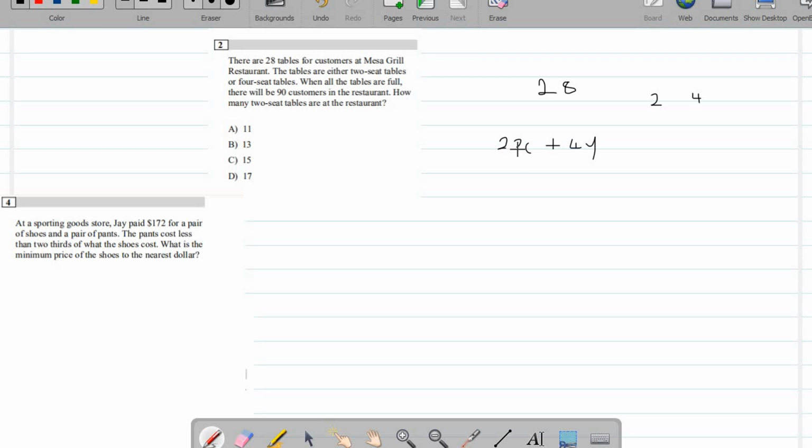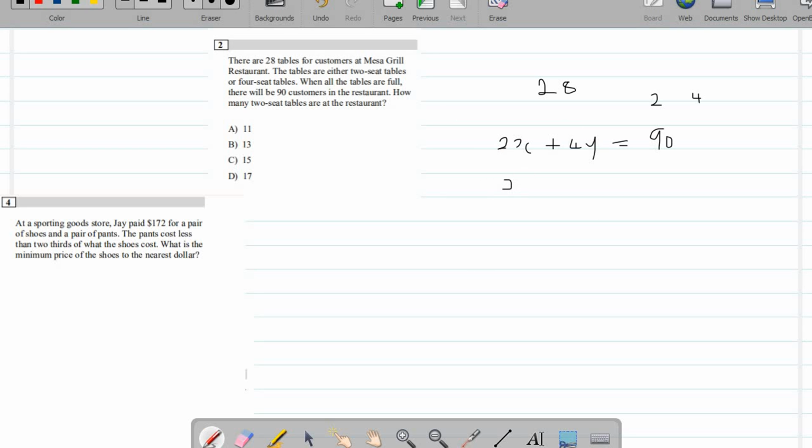X is the number of 2-seat tables, so 2 persons can only sit here, and then 4 persons can only sit in the number of 4-seat tables. So when you add that, you'll have 90, because it said when it's completely full it's 90.